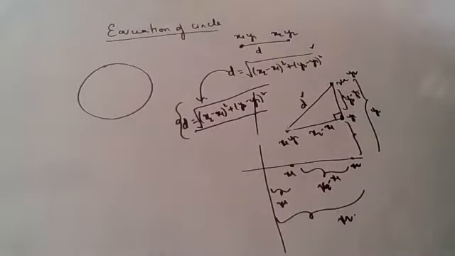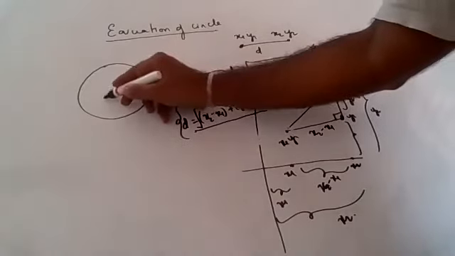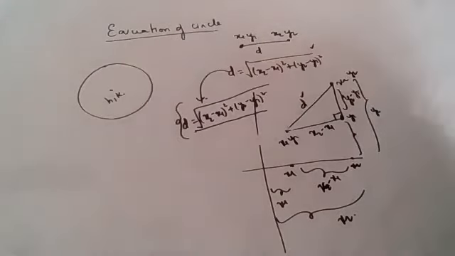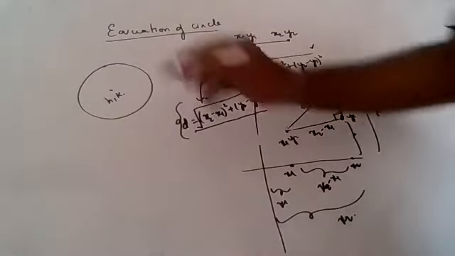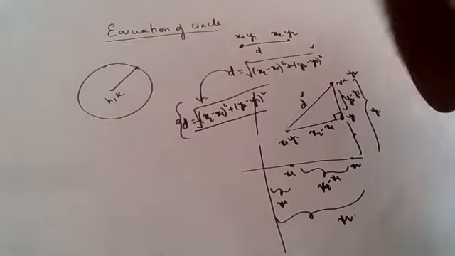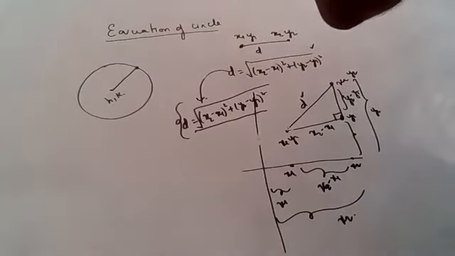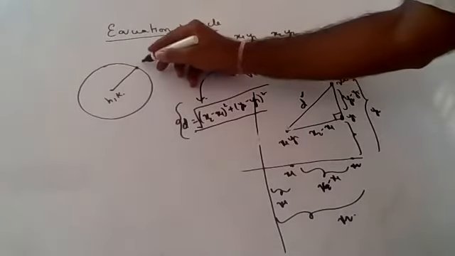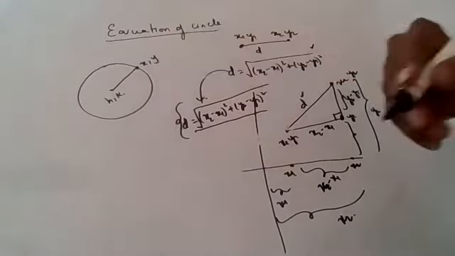Children, the center of the circle is given by h comma k, and the coordinates of a point on the circle are given by x comma y.